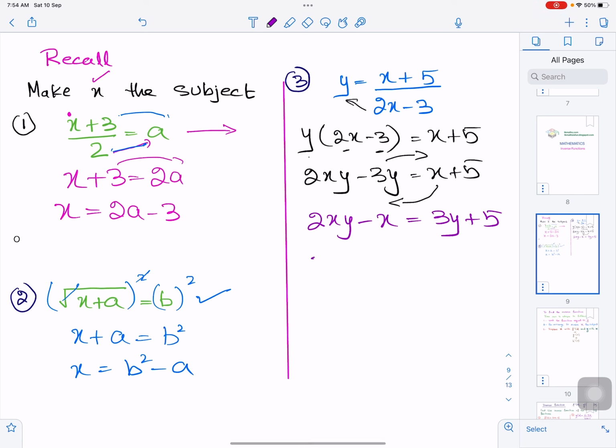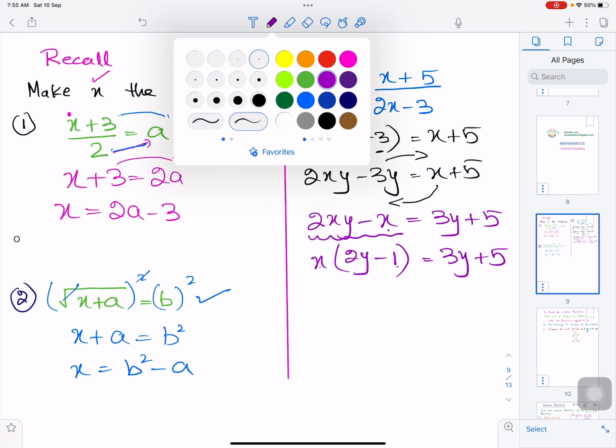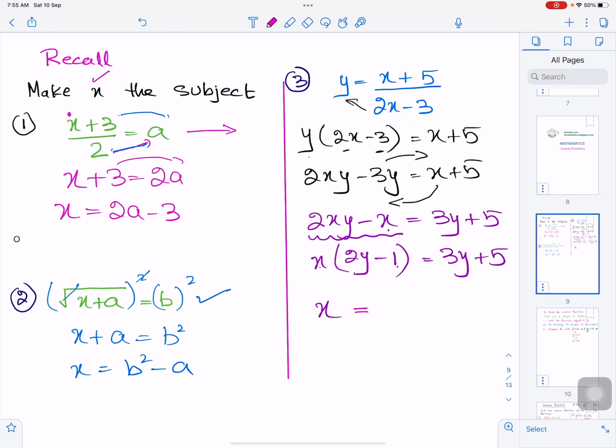So I will factorize here: x is common, 2y will come here, minus 1, because x times 1 is x. After that, I will cross multiply and I will have x. So this is how you make x the subject.